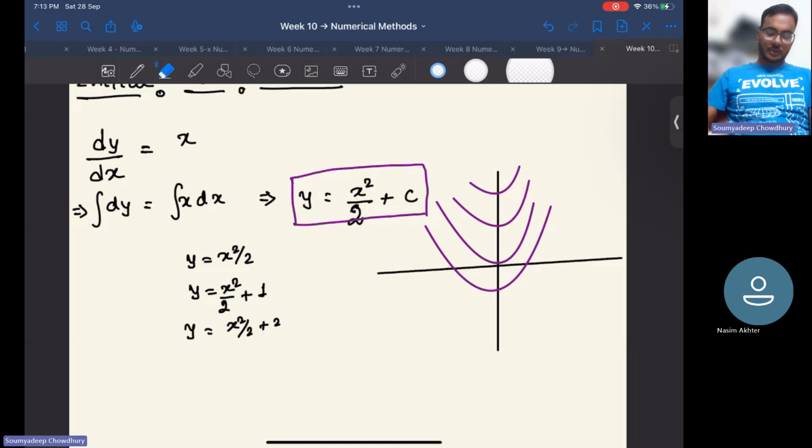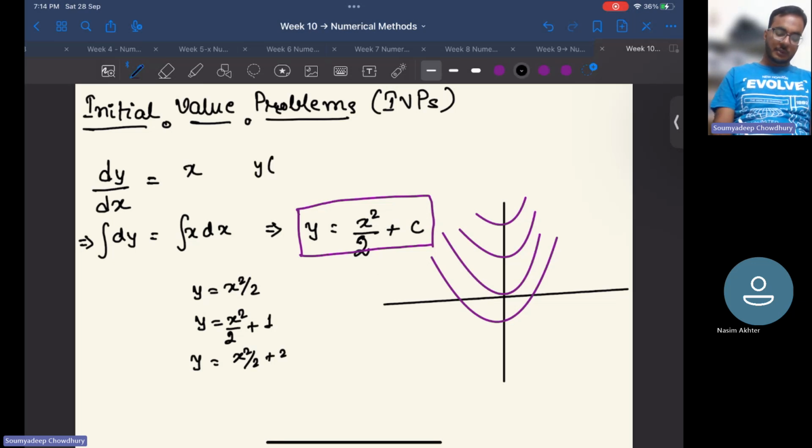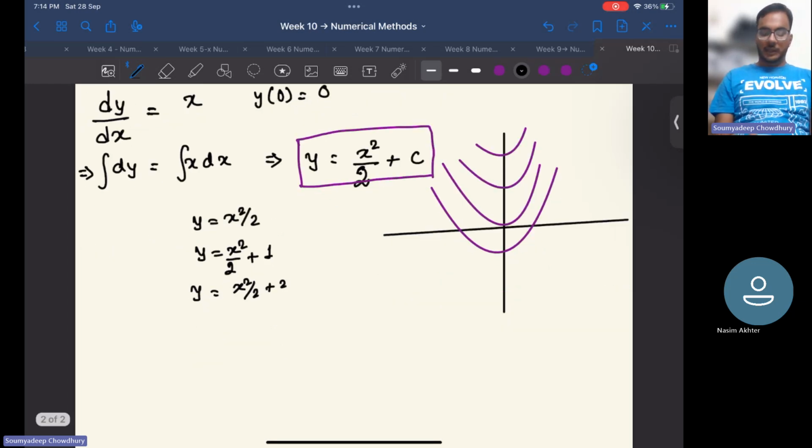So here comes your initial value. Suppose in the question, the initial value of the function is given to you. Suppose it is given y of 0 equals 0. It means that y at x equal to 0 is equal to 0. Meaning if you substitute x equal to 0, your y is also 0. So this is given to you.